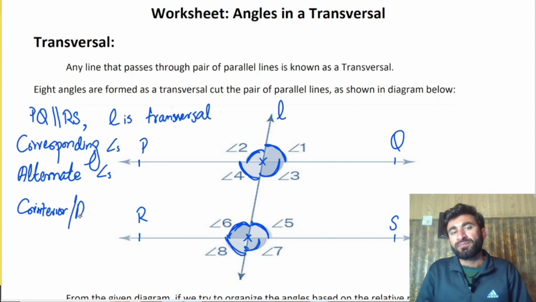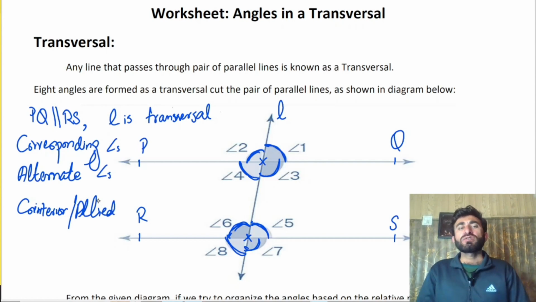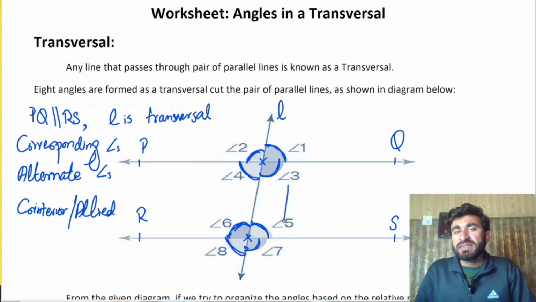These are also interior angles, but these are the angles which are adjacent to each other. Like we can see that angle number 3 and angle number 5 are adjacent to each other. So these are known as co-interior angles or allied angles. Similarly, angle number 4 and angle number 6 are also adjacent to each other, so they are also co-interior angles.